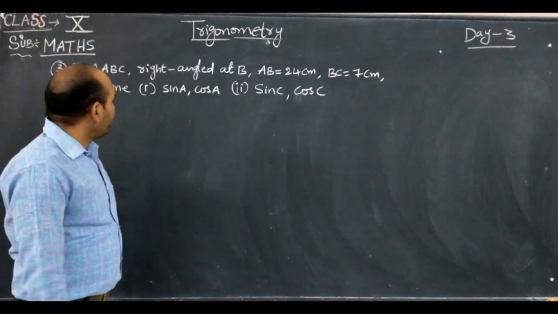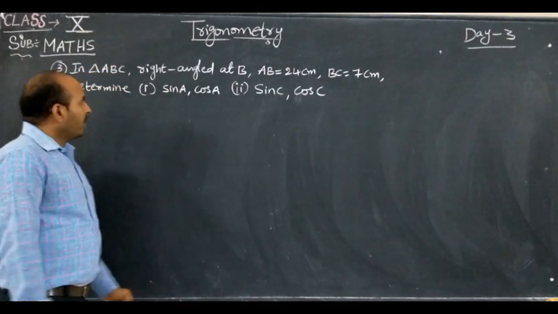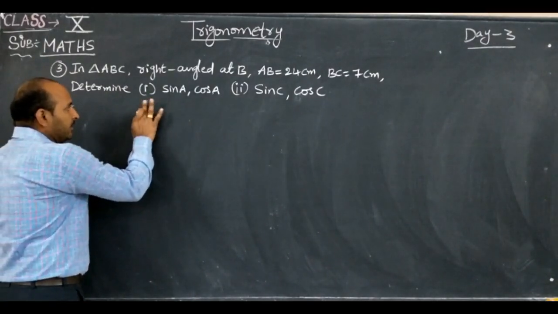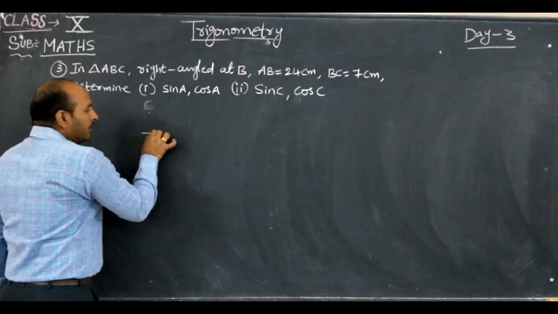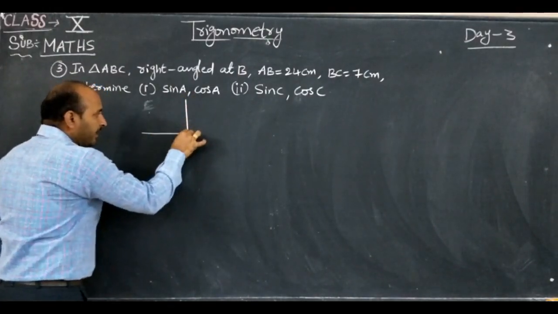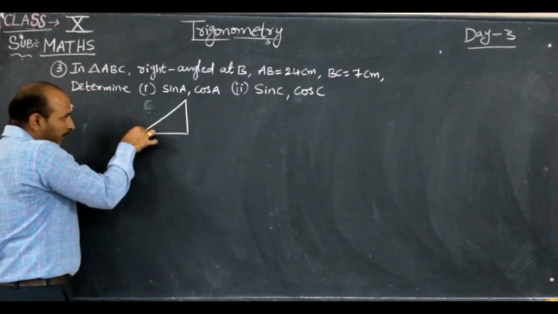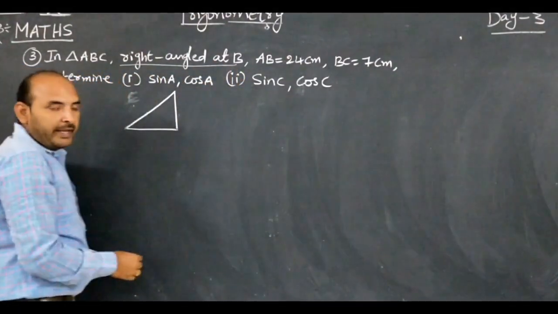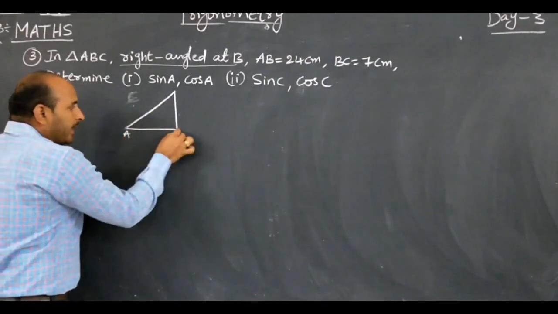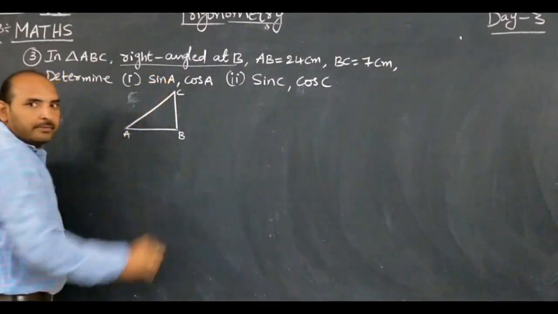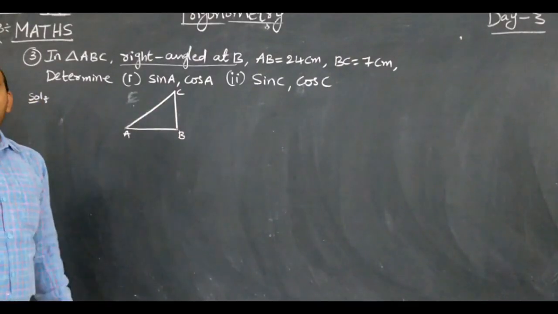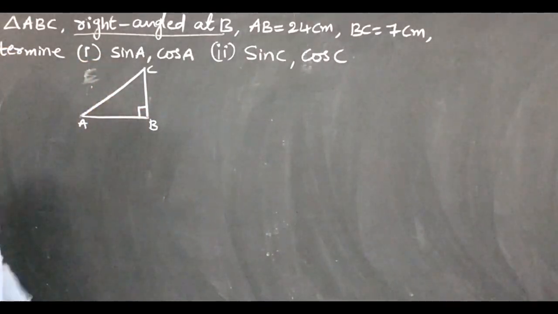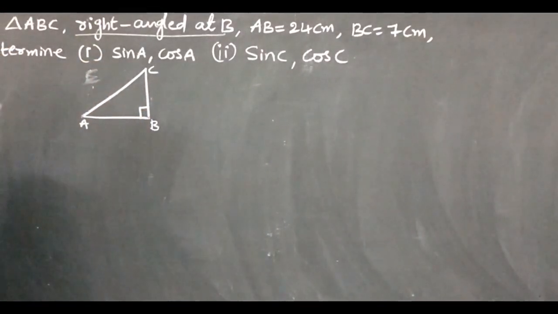So now, first we draw the triangle. This is one right angle triangle because the right angle is at B. So now this is A, this is B, this is C. ABC is a right angle triangle, and the right angle is at B, this is 90 degrees.